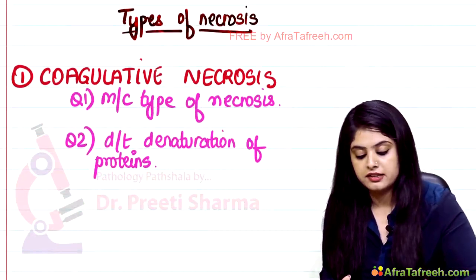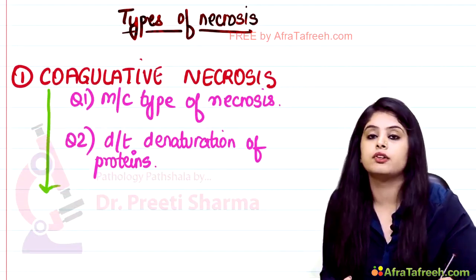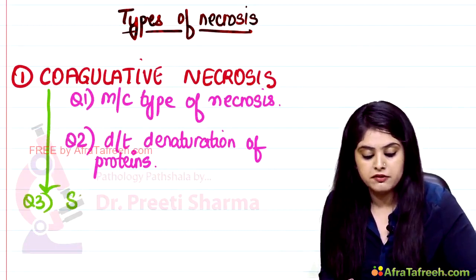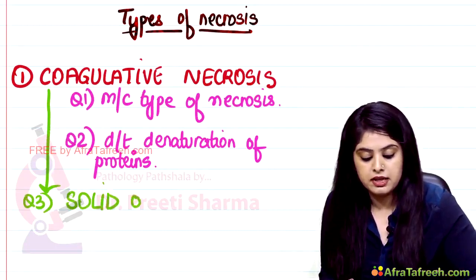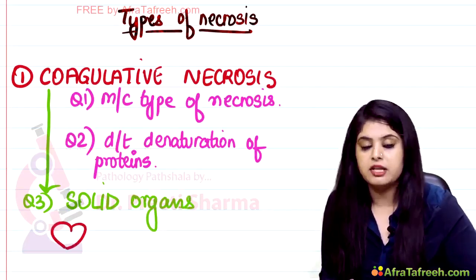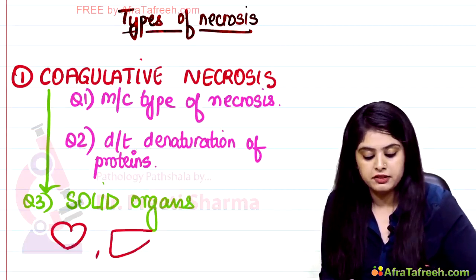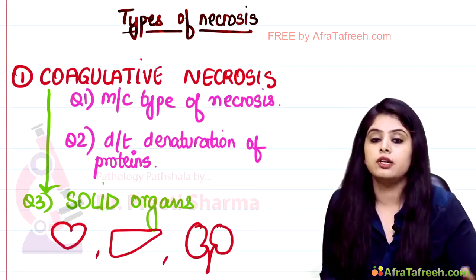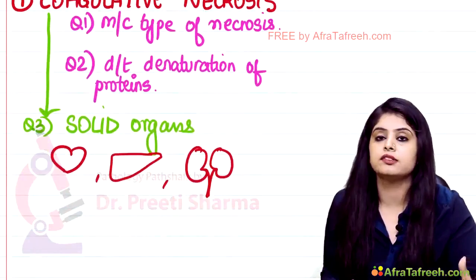Now coming to the practical application. The next thing that the examiner will ask you, what are the organs that are affected? So remember, the trick for this is that you need to remember the names of the solid organs. And which are the solid organs? So we can say, for example, we have the heart, we have the liver, and we have the kidney. So these are the solid organs, and coagulative necrosis tends to affect these organs.